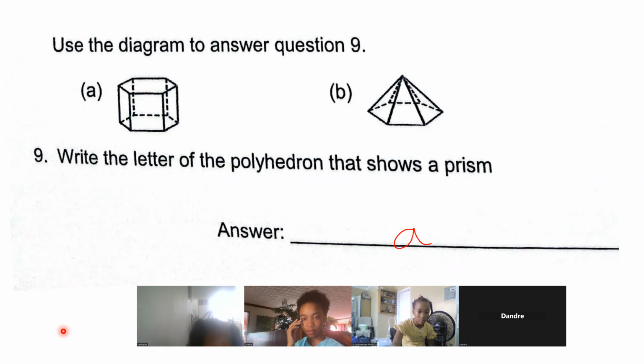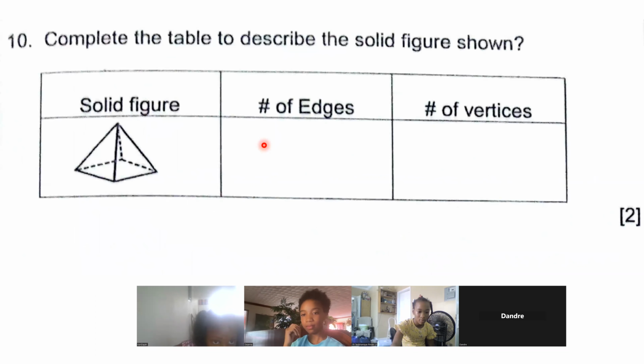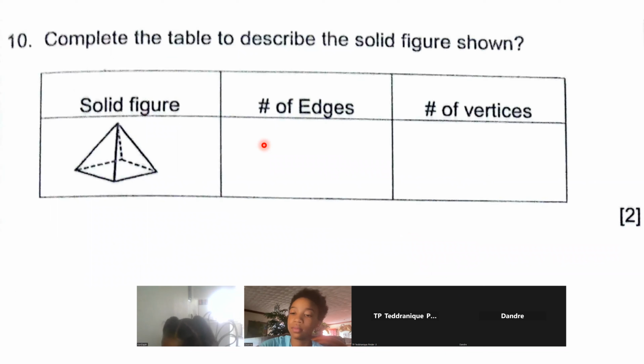All right, let's move on to number 9B. Go ahead, Janique, read it for me, please. Okay, complete the table to describe the solid picture shown.